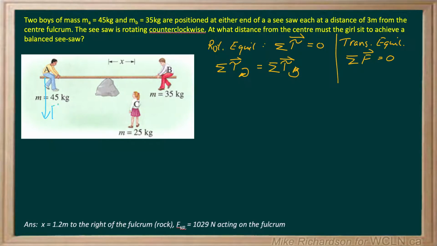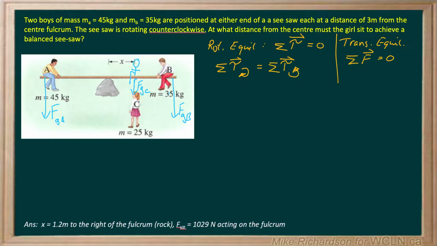So I'll call that force of gravity A. Same with boy B, a little bit less, straight down, force of gravity B. Now it makes sense that the girl is going to have to be on the right-hand side somewhere. So somewhere in this region here, our girl is going to have to sit, and she's going to exert a force of gravity down as well. Force of gravity C.